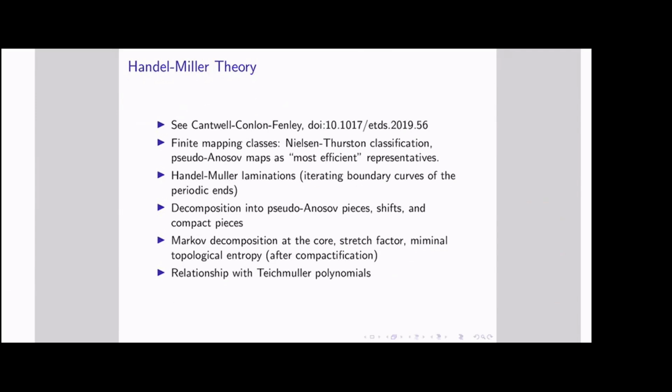That's the classical idea. But here, instead of picking some arbitrary curve, what they do in the Handel-Miller theory is consider the boundary curves of the ends. We have neighborhoods of the ends that get sent to smaller neighborhoods or larger neighborhoods after iteration.